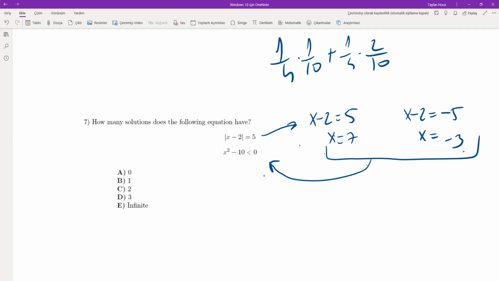Which ones satisfy this one? When x is 7, 7 squared is 49. Oh, I'm sorry, I saw greater than. So negative 3, right? Yeah. So, one solution. You can do similar things for all systems of equations.